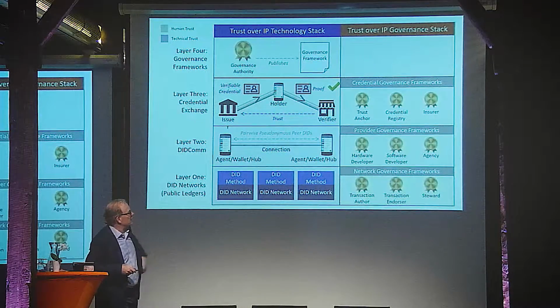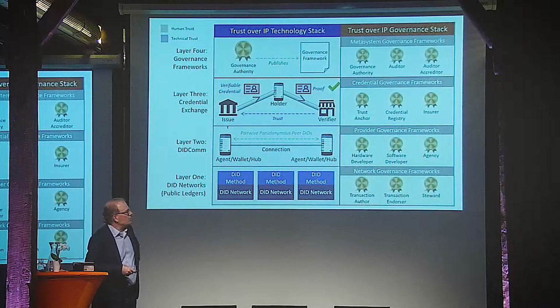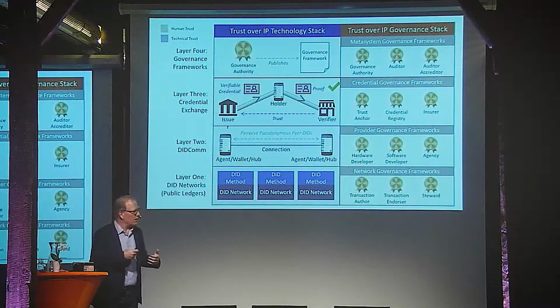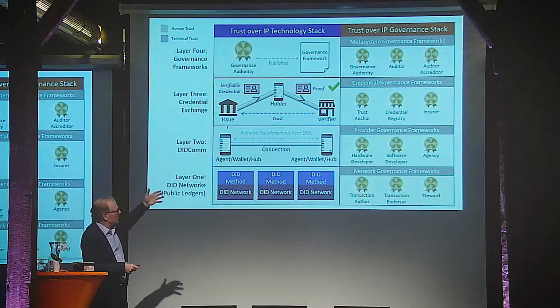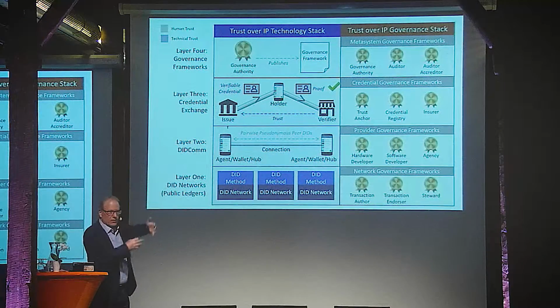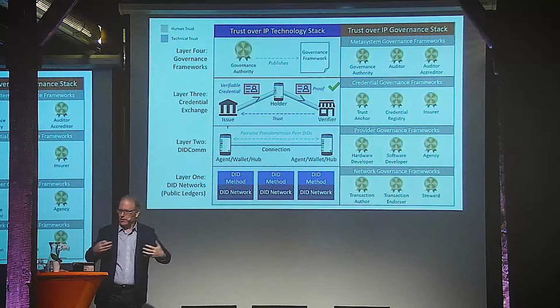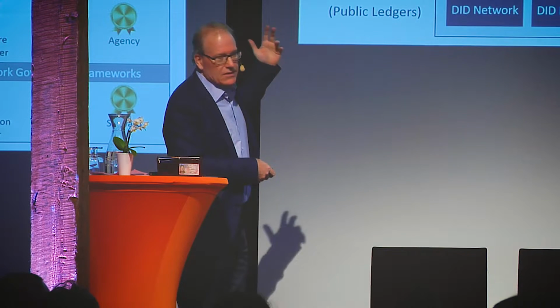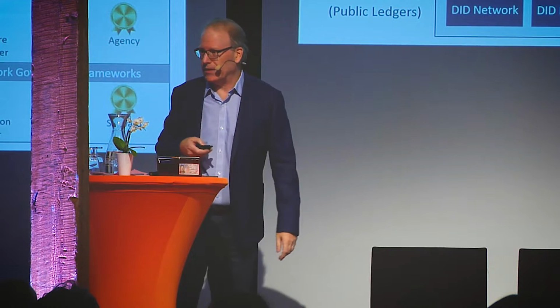That's where I think we're going to see thousands of different governance frameworks. At the very top level, we have what we call meta-system governance frameworks, and this is where organizations like the Sovereign Foundation are now moving and saying, we need to actually create a meta-system for as many networks, as many providers, as many credential issuers as want to do that.